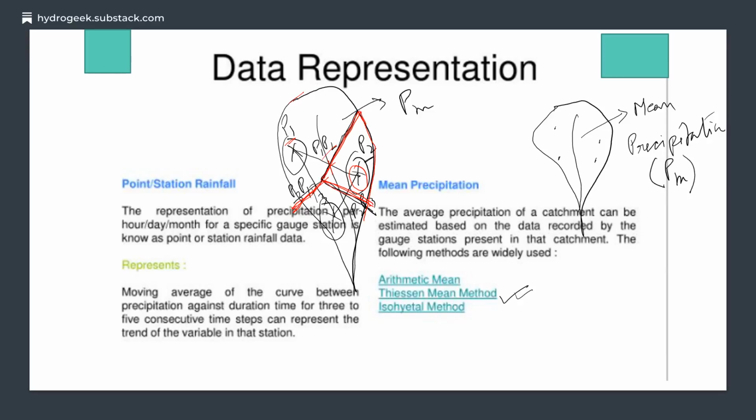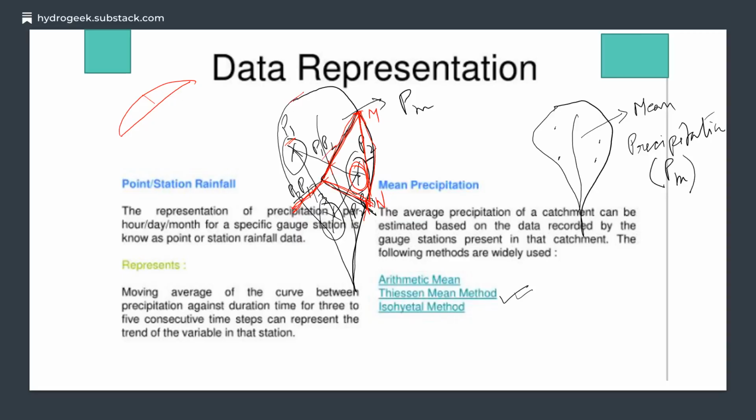Now as you know, we can represent the curve by a straight line. We can assume that. So let us assume that from this point M to this point N, if I draw a straight line, then you can see a triangle surrounding the rain gauge station P2.